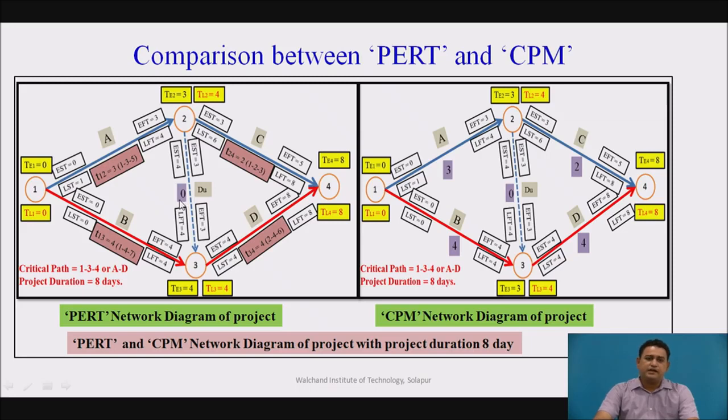Here it is an indeterminate type of technique, and here it is a deterministic type of technique. Here we define the critical path with the help of the events. Here we define the critical path with the help of the activities. These are the major differences between PERT and CPM.